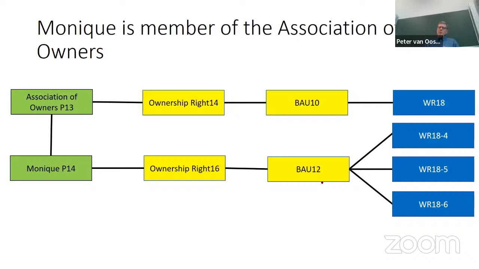And so via her membership of the association, she also has shared rights to the common parts, the land, the roof, the elevator, corridors. And so this is the whole situation of Monique with respect to the legal rights and spaces.